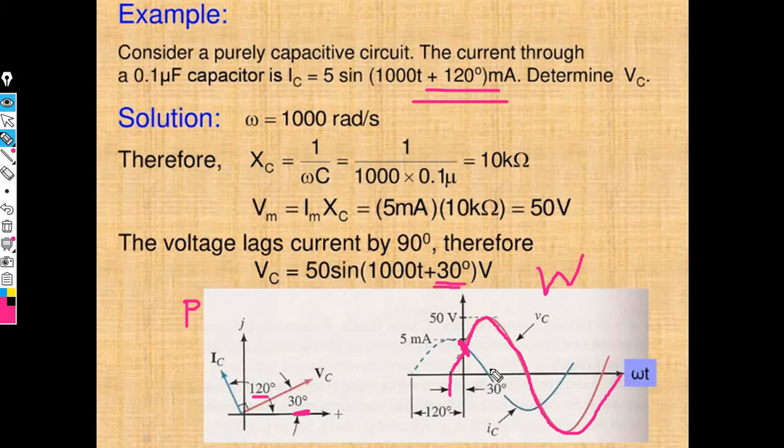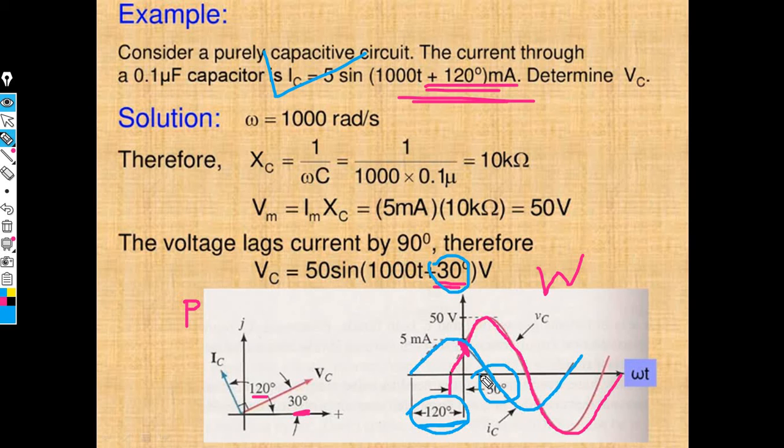Now we are taking 30 degrees, but here current IC requires 120 degrees. Now we have drawn 120; the total angle is 120. That means IC requires a 120-degree angle, and VC 30 degrees.